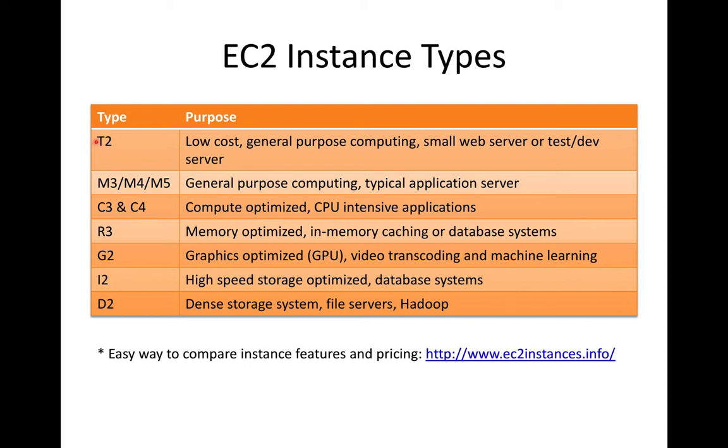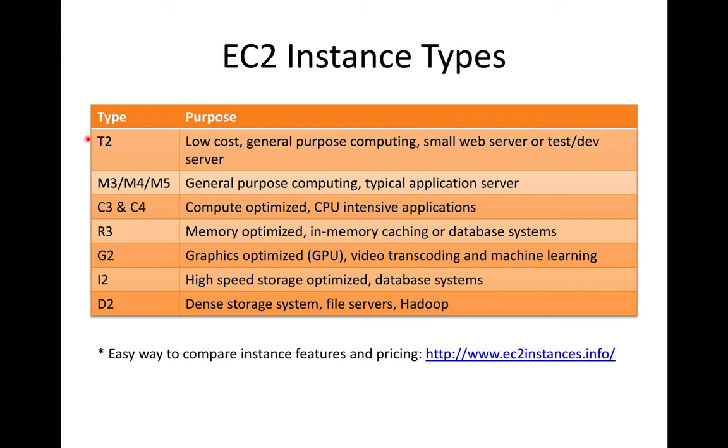Anything from T2 instances to M4, M5 to C3 and C4. These different categories or instance types are designed for specific use cases. For example, T2 instance types are very low cost, very small computing instances that are primarily used for test and development purposes.